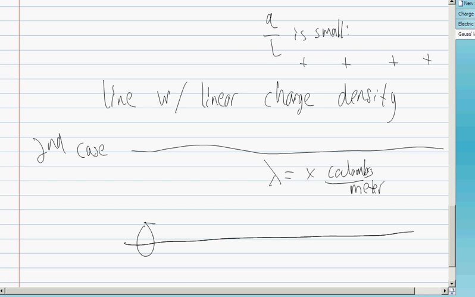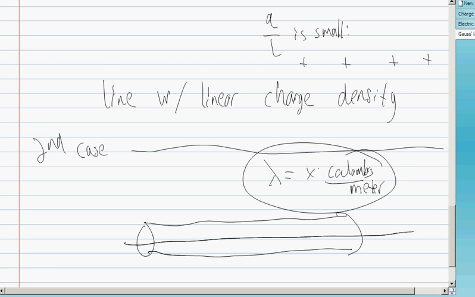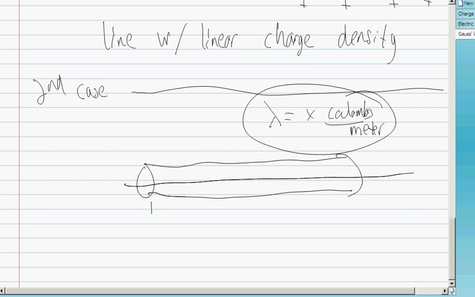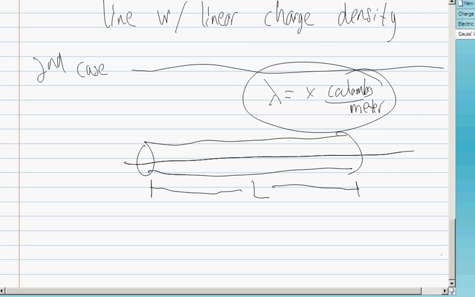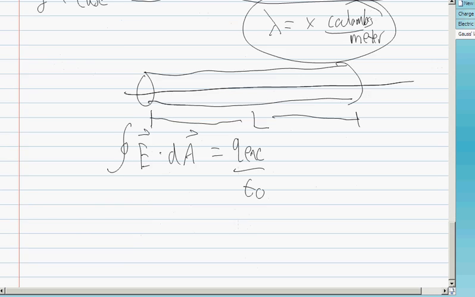We make our Gaussian surface. You'll note this time they give us this thing here, but they don't tell us how long it is. So we're going to make an arbitrary length L. And this time, again, I hate to keep writing this, but I really want you to be in the habit of writing it every time.